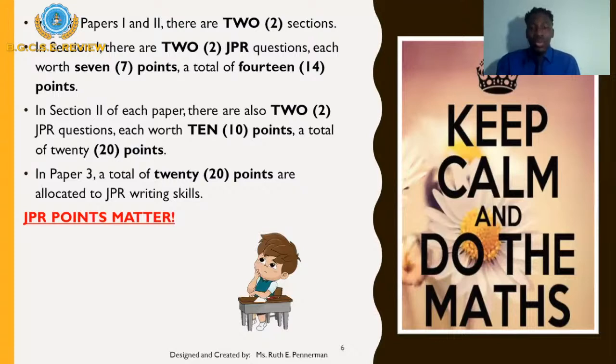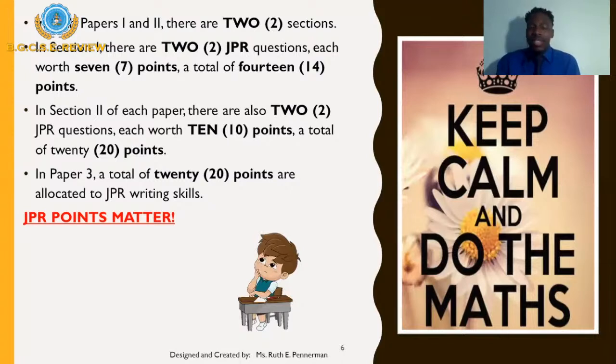And in section 2, you have the potential of gaining 20 points. And so 20 plus 14, I'm not a math teacher, but let's see if we can do something there. 20 and 14, 20 and 10 is 30. So that's approximately 34 points, if I'm correct. Again, I'm not a math teacher. However, you have the potential to gain all of those points once you have prepared your JPRs properly.